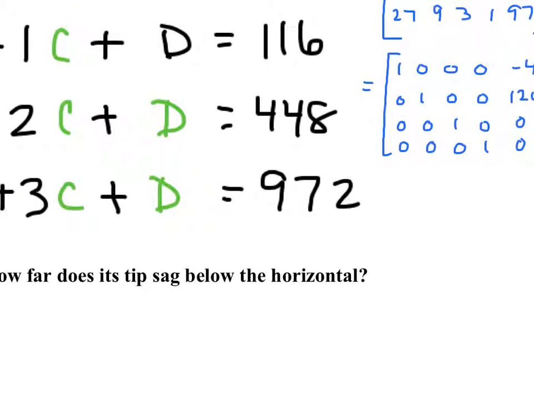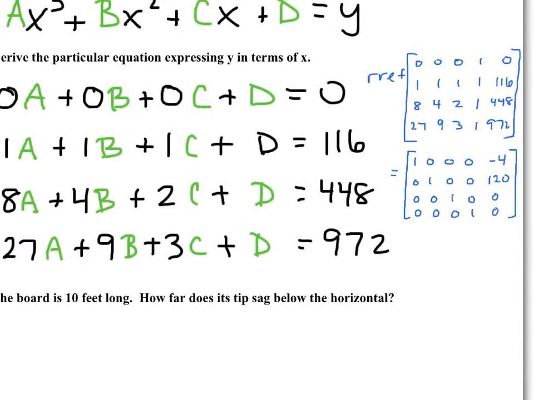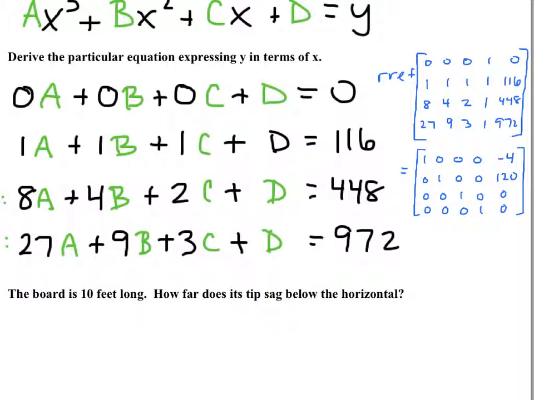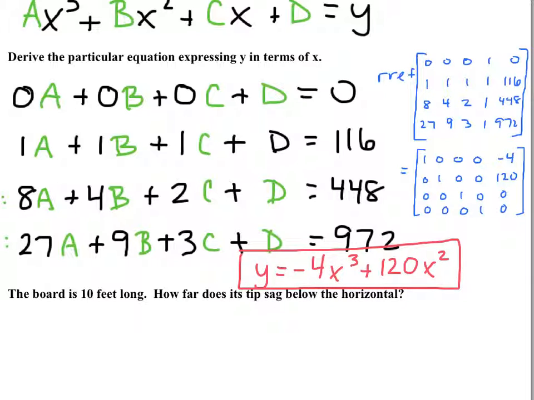We did all that work, so now let's write our equation in a different color. Y is equal to, our a value is -4, x cubed plus 120 x squared. There we have it. Hopefully that wasn't too bad.